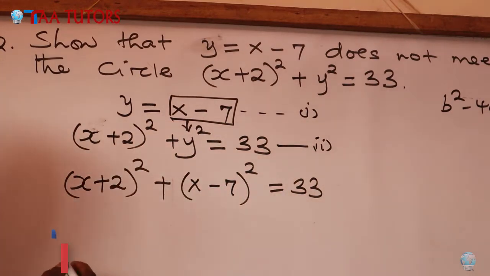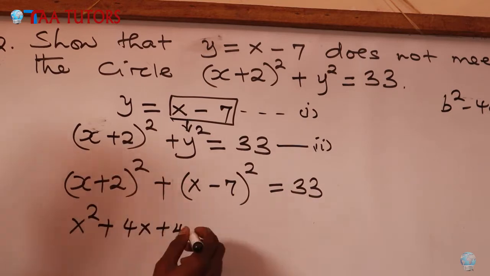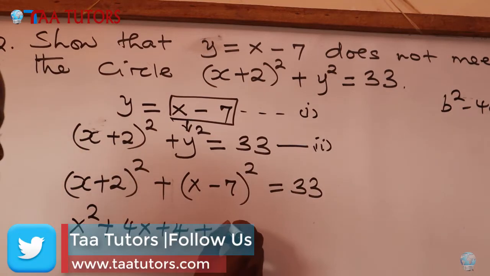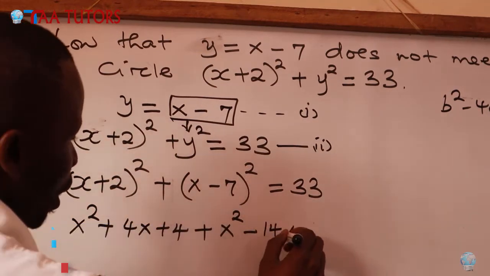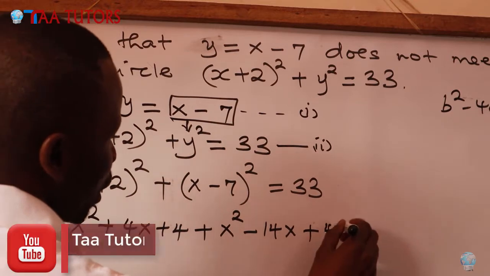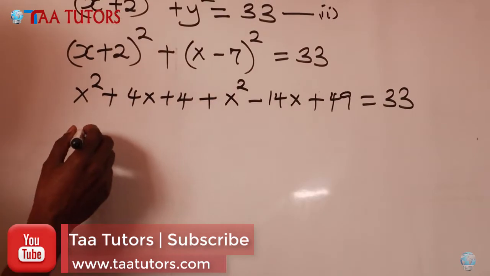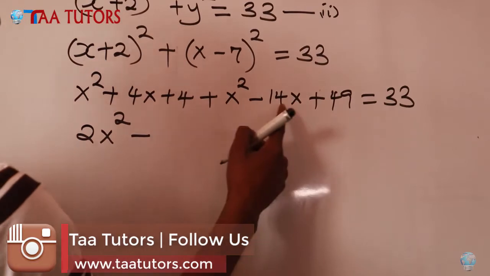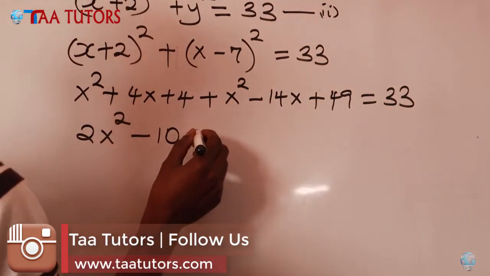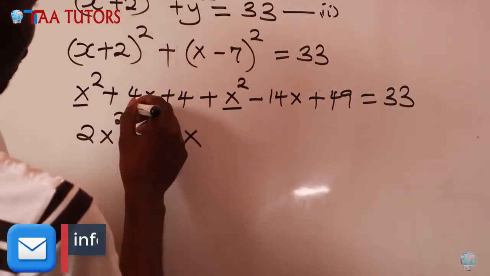I will get something like this. So I'm going to use the quadratic identity to expand. This will be x squared plus 2 times x times 2, that is 4x, plus 4, since 2 squared is 4. Then plus x squared minus 2 times x times 7, which is negative 14x, plus 7 squared, which is 49. That should give me 33. Now I collect like terms: 2x squared, minus 4x minus 14x gives negative 18x... I'll get negative 10x.